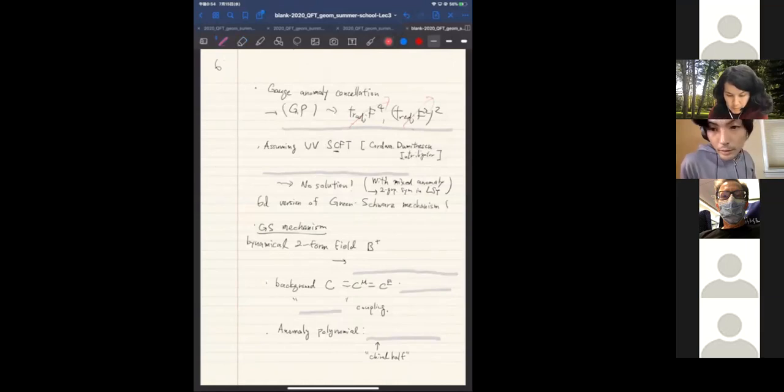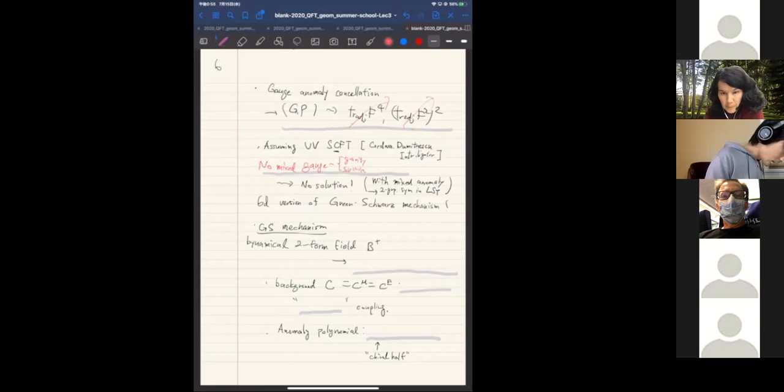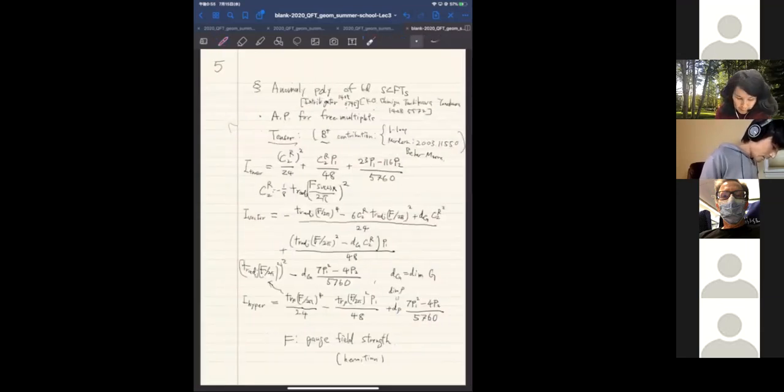Also, if you assume that the UV is an SCFT fixed point, then the recent result by Cordova, Dumitrescu, Intriligator, which I think is not published yet, please correct me if that's not true, claims that in this superconformal field theory there cannot be a mixed gauge and gravity or SU(2)_R anomaly. The mixed gauge and gravity anomaly is like this: this is SU(2)_R, this is the gauge, so this term is the mixed anomaly.